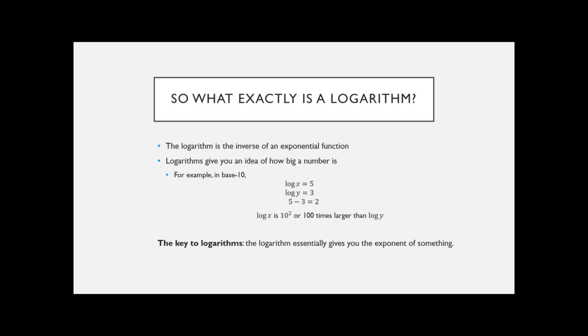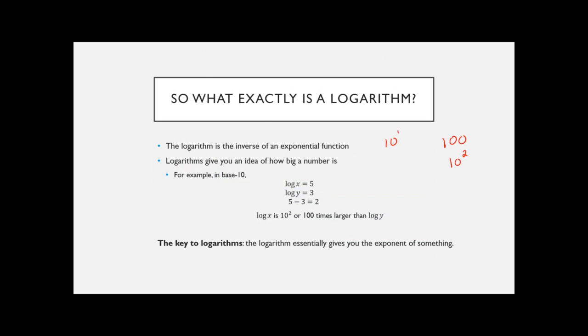Because if we're looking at numbers in base 10, if you're comparing 10 to 100 and you put those in exponent form, I can rewrite 100 as a power of 10. And the logarithm is comparing the sizes of those numbers based off of the exponent.